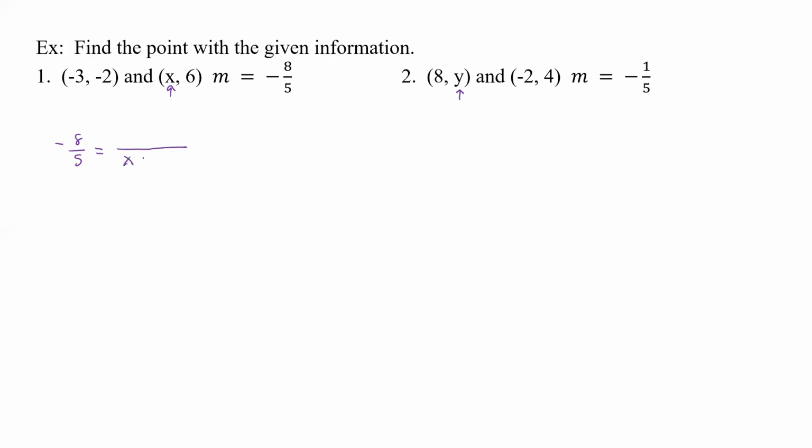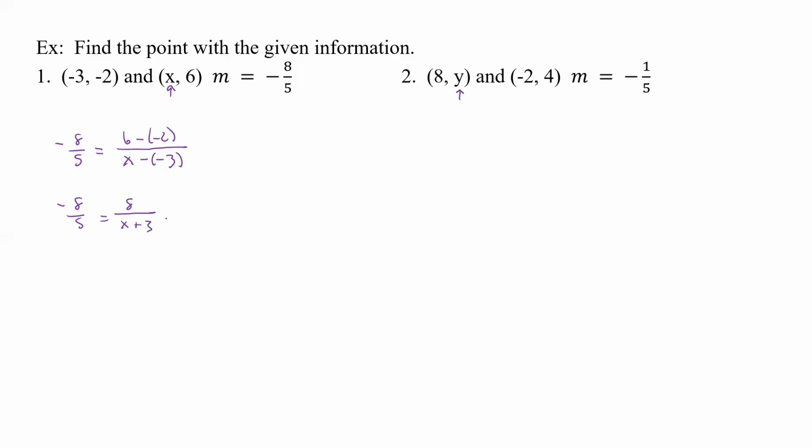I'm going to say x minus a minus 3. And on top, that means it's going to be 6 minus a minus 2. Okay, so now we can simplify. That gives us negative 8 over 5 equals 6 minus a minus 2, which is 6 plus 2, which is 8. And x minus a minus 3 is going to be x plus 3.